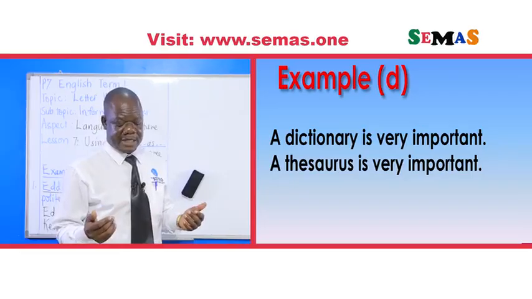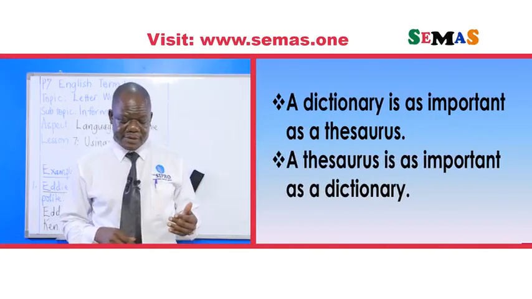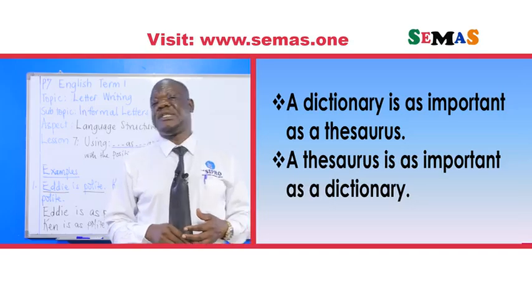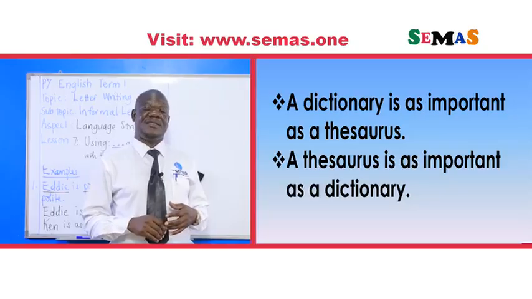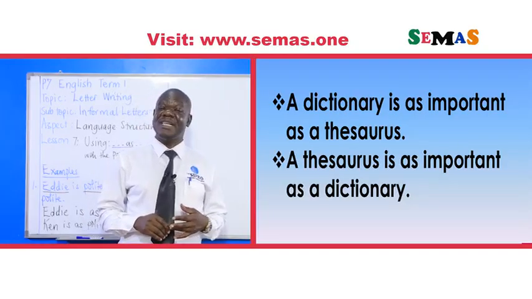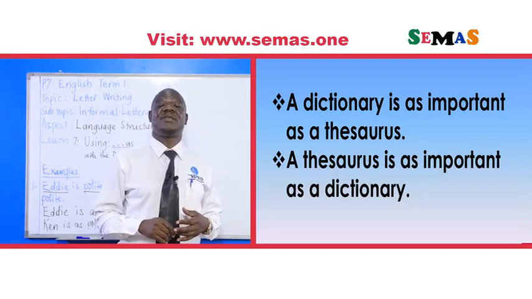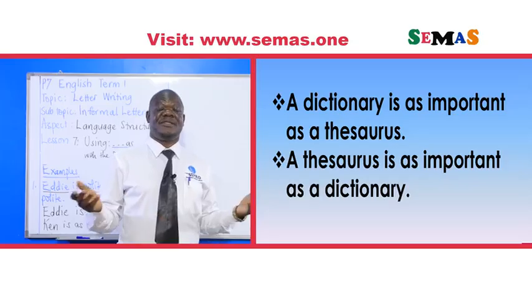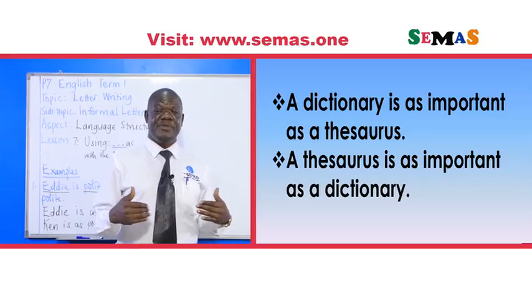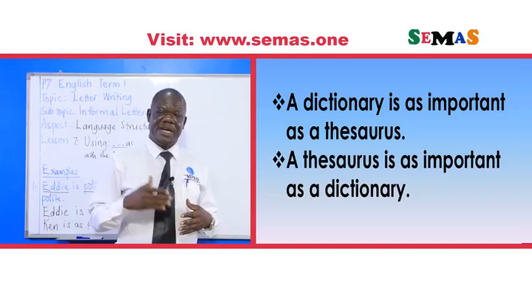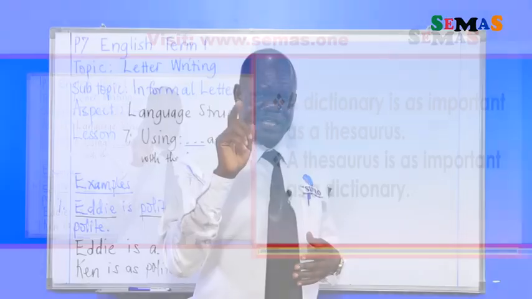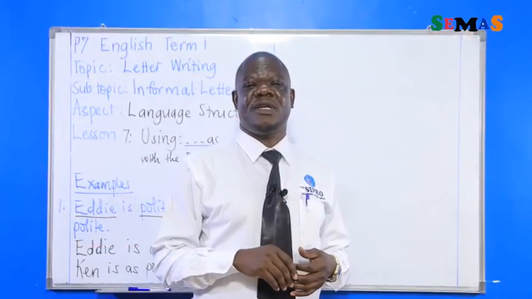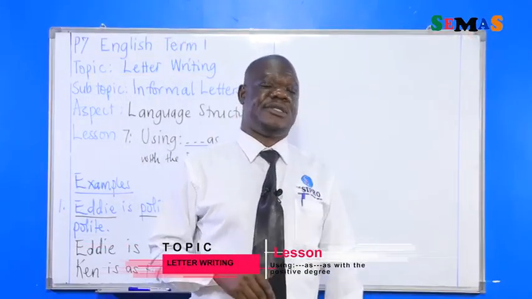So we begin the sentence and say, a dictionary is as important as a thesaurus. Or a thesaurus is as important as a dictionary. You can see the examples have helped us to know how we can use the same adjective in the positive degree to talk about two nouns.